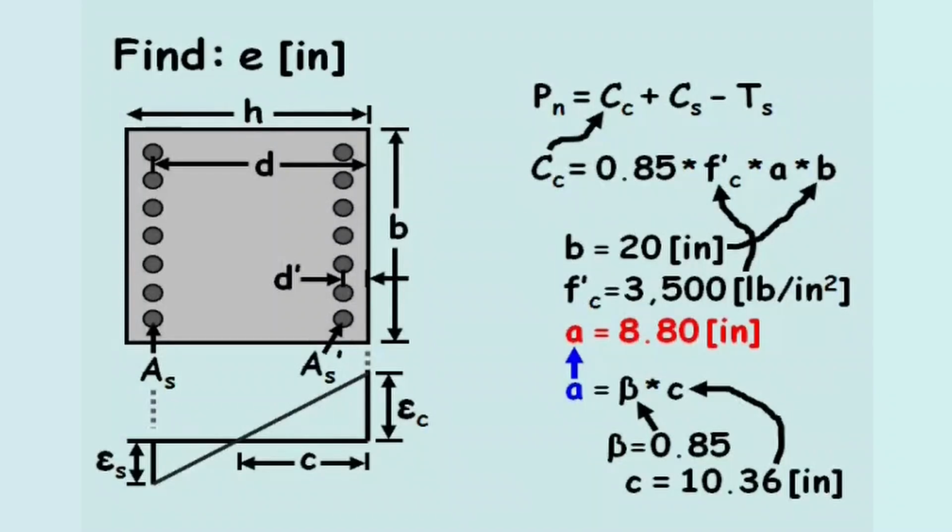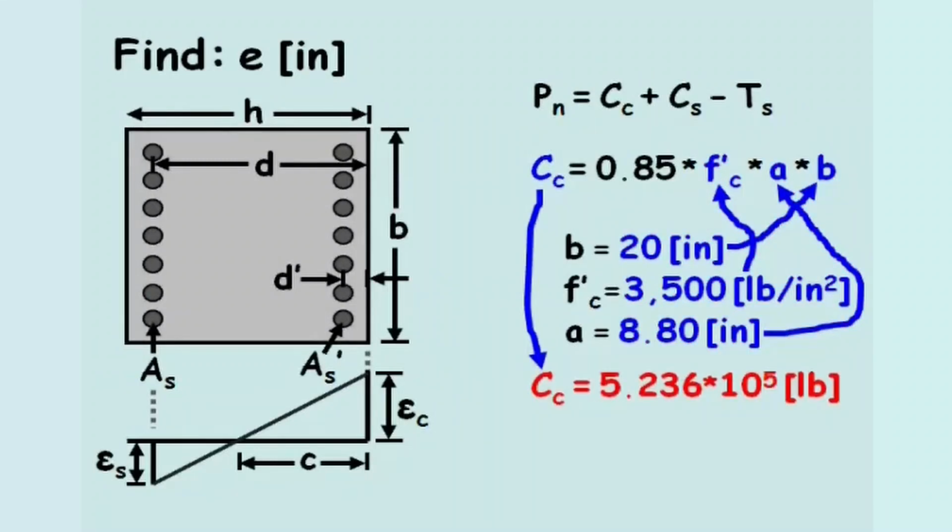Now we can solve for the compression force in the concrete. We plug in F prime C, A, and B, and the compression force in the concrete equals 5.236 times 10 to the 5 pounds.